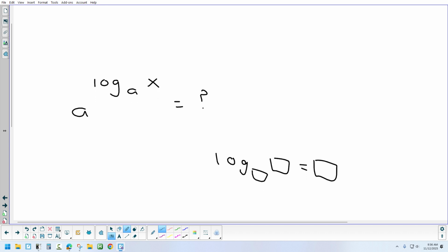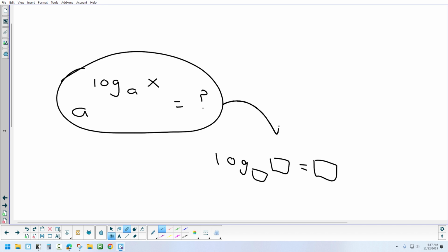Well, what's the very first thing we have to write down when we put something in log form? It'd just be log. Log, yeah. We're going to fill this, and we're going to change it into that now. So the first thing you have to write down is the word log. What is the base?